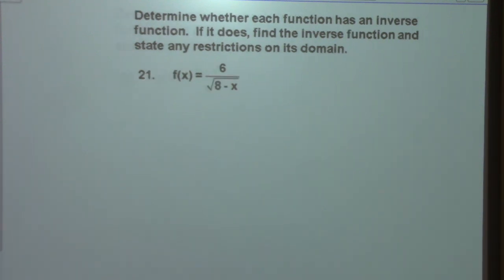Did you do 21? Justin, no. Anybody do 21 yet? Are you working on 21? Riley nods, yes. Nicole, you working on 21? Oh, yeah, she passes. Passes? No, I was going to say. Yeah, passes.